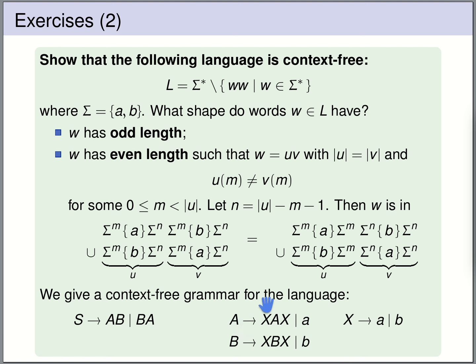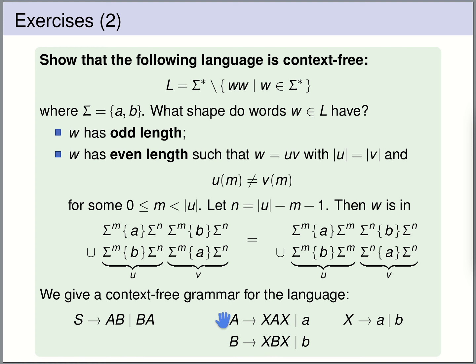We will produce a certain number of arbitrary letters left and the same number of arbitrary letters to the right. And we can finish by rewriting A to lowercase a. So in the end, we put the lowercase a in the middle. And we have the same amount of arbitrary letters left and right. And similar for B, we can produce the same amount of arbitrary letters left and right. And in the end, we put a lowercase b in the middle.